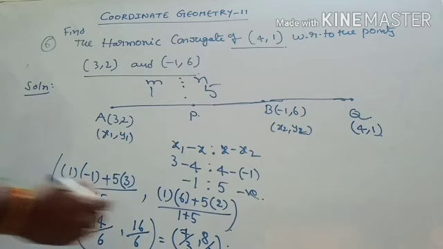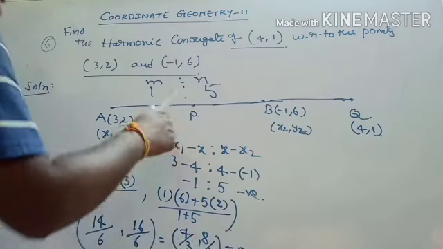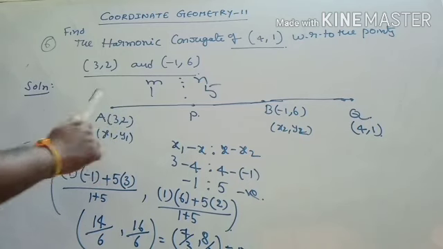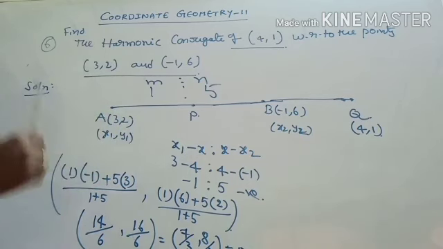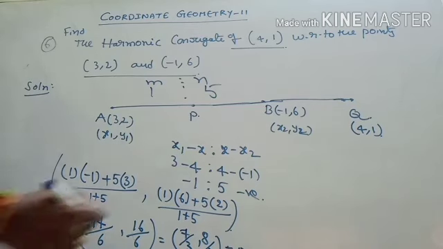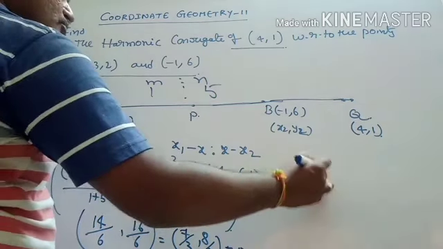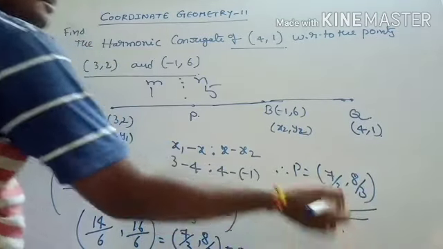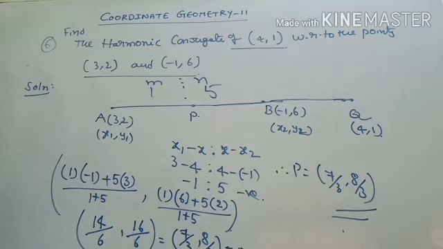And this is of course the point P. We took the ratio positive, that's why it is internal division, and this is the point which we were supposed to get. Now P equal to 7 by 3, 8 by 3, right? Fine, that is the point.